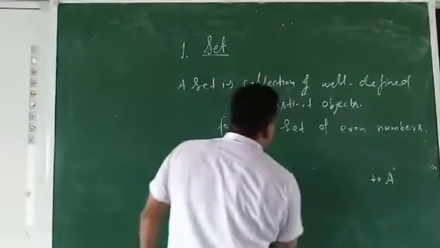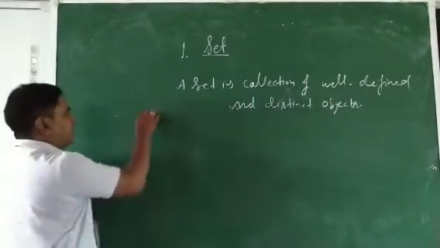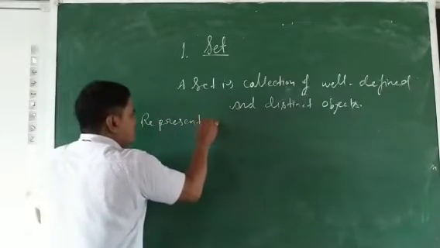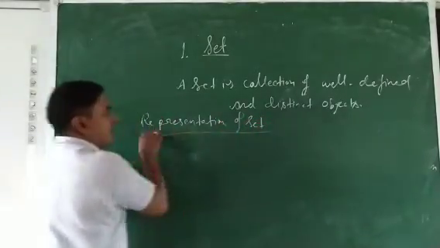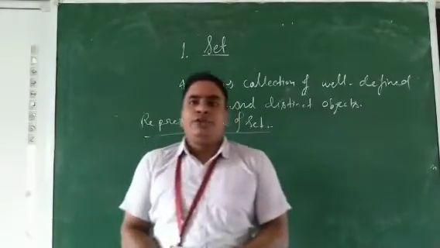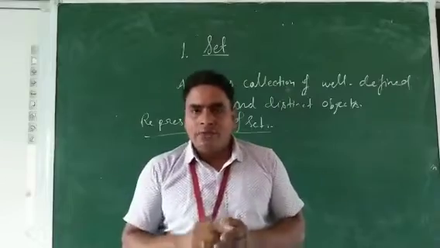Representation of a set. We can represent a set in two ways. First, roster or tabular form.